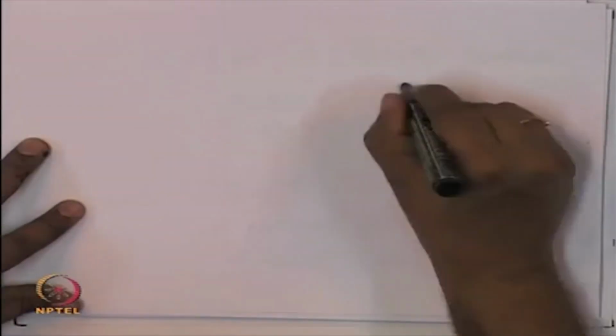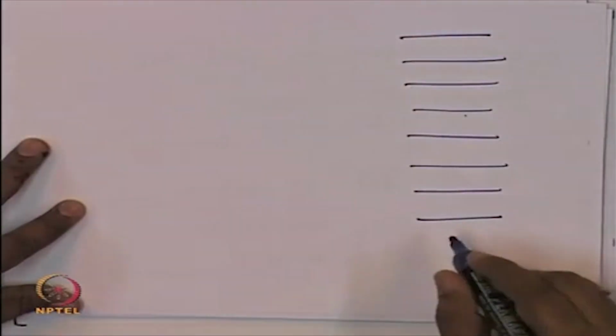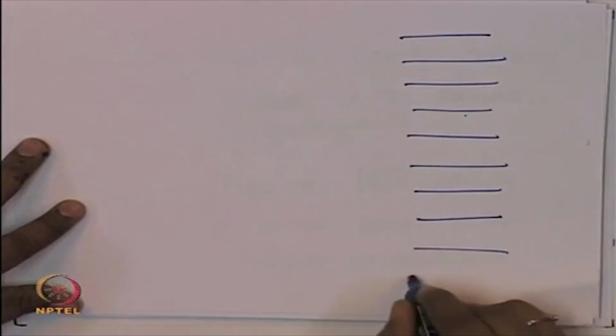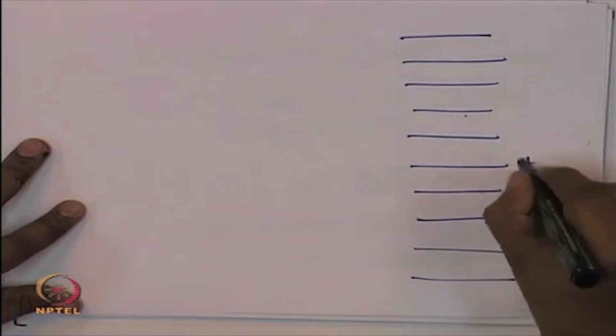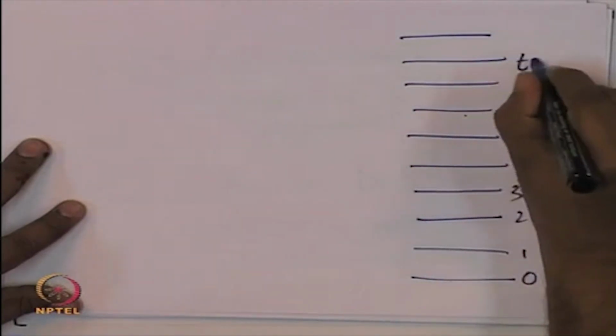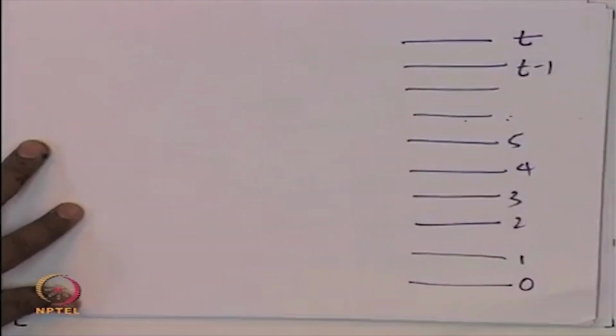So, let us draw many generations. So, this is generation 1, 2, 3, 4, 5, 6, many generations. t generations ago. So, this is 0, 1, 2, 3, 4, 5, similarly t minus 1 and then this t.